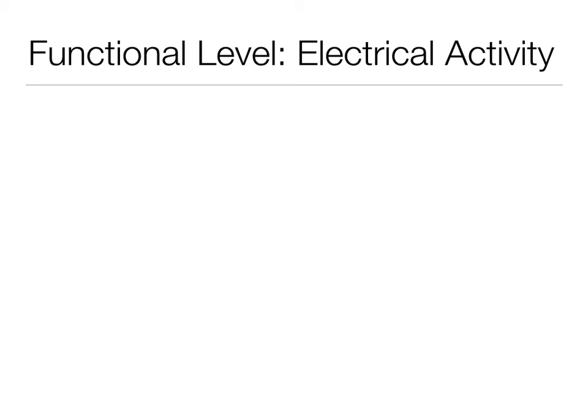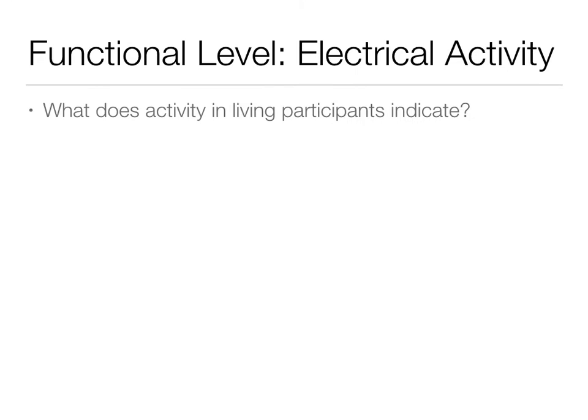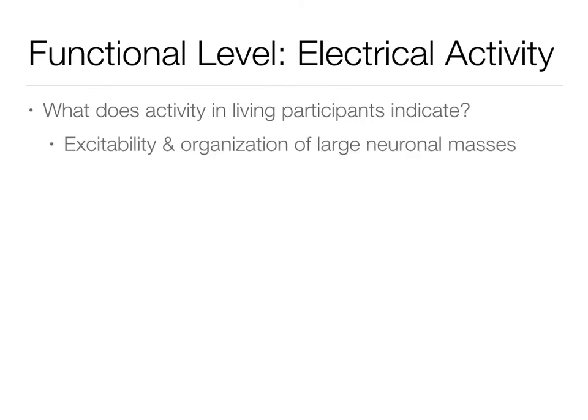Because of this, we can measure electrical activity, and what does it indicate? It indicates that there is excitability and organization of large amounts of neurons. So in areas that have large neuronal masses, we're going to be able to see that electrical activity in different ways.